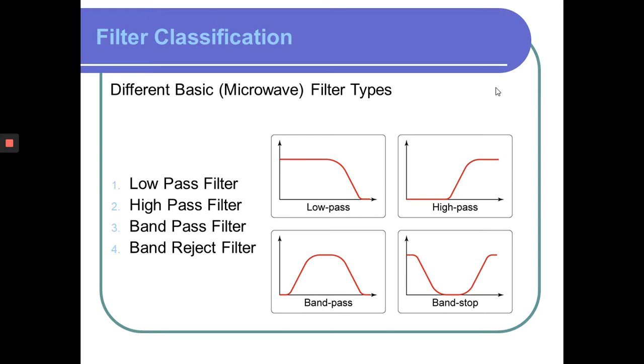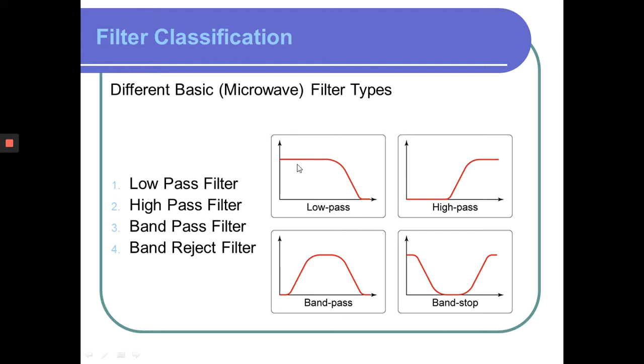As we all know, even though it's microwave or not, the basic filter types are 4 filter types. One is the low pass filter, which this represents. This is called a Bode plot, which is a filter response.